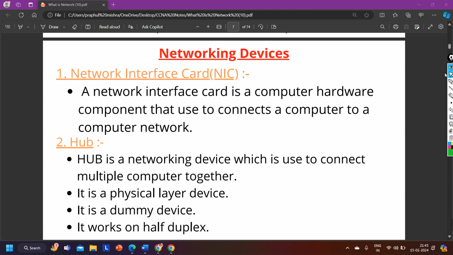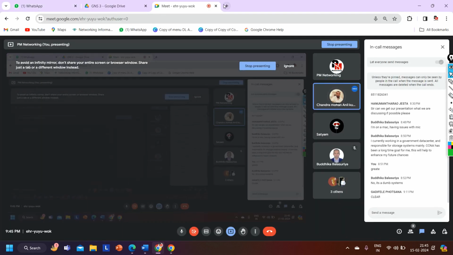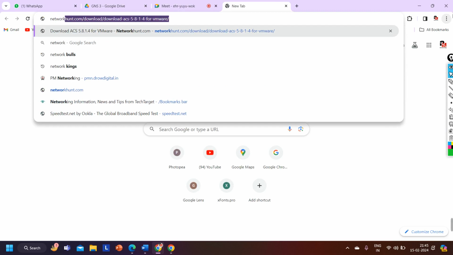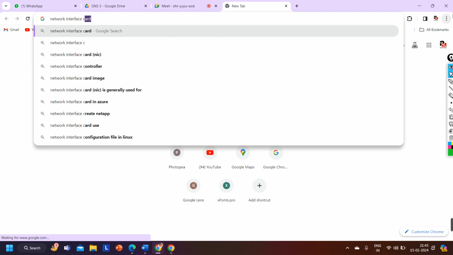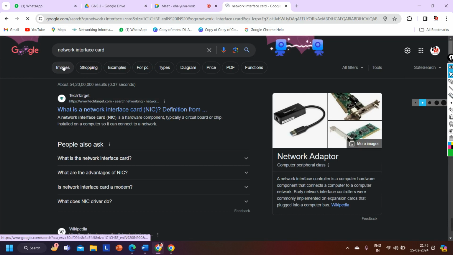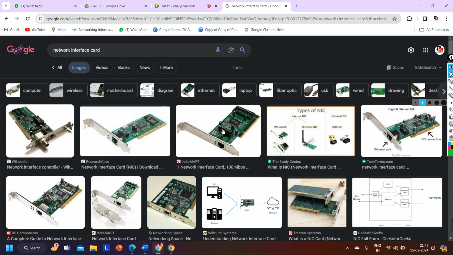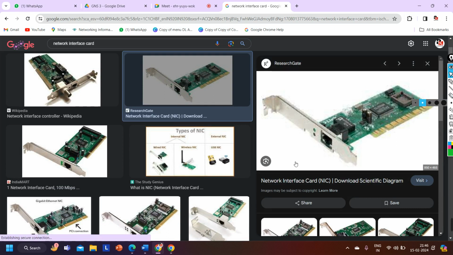How does a NIC look? Let me show you first. These are what guys? NIC. In your laptop also you can check. There will be one port like this, yes or no? In a few thin laptops you may not get this port, but you will still have a NIC card that will support Wi-Fi.